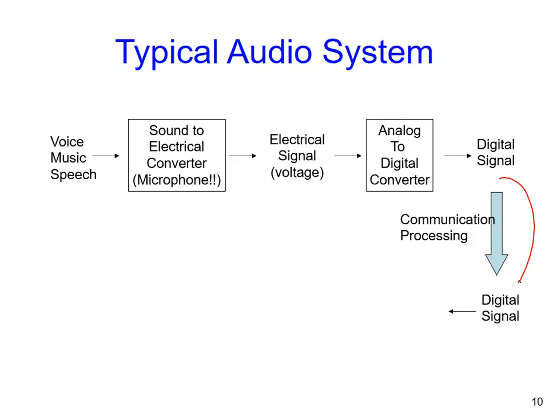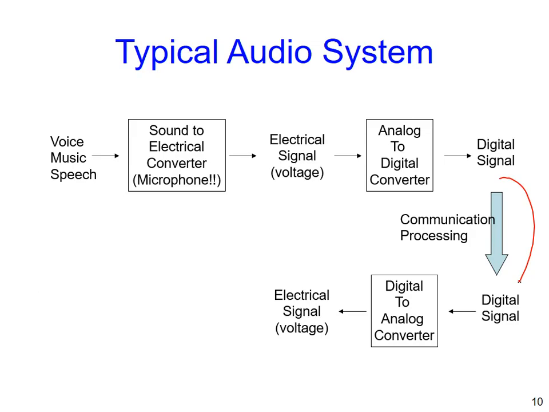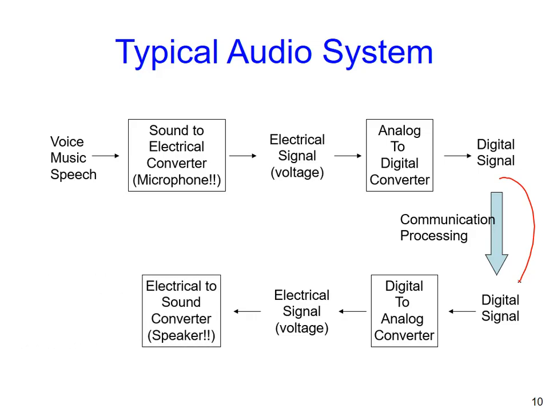We need to reconstruct the signal, so we need a digital to analog converter to become an electric signal. But you cannot enjoy the electric signal, the voltage or the current. You will be shocked, right? So we need to convert it back to audio vibration. This is the reason why we need a speaker.